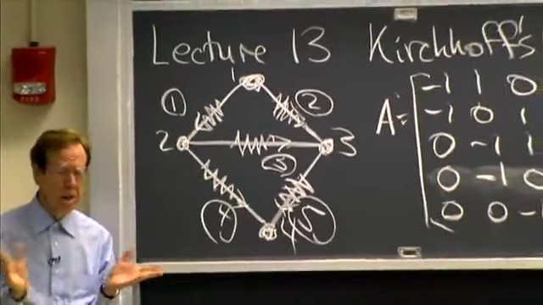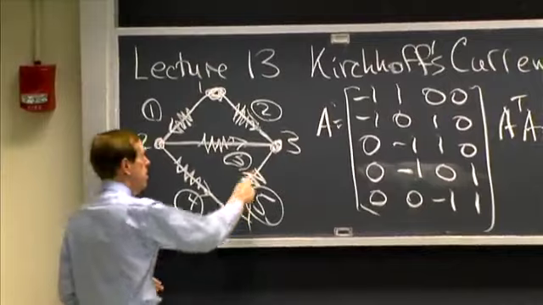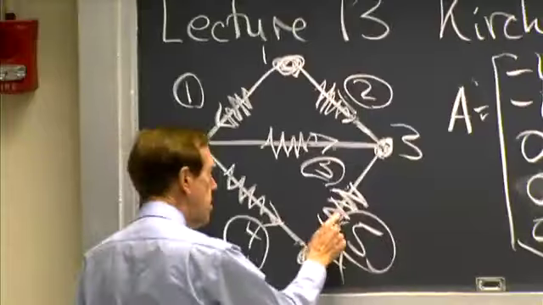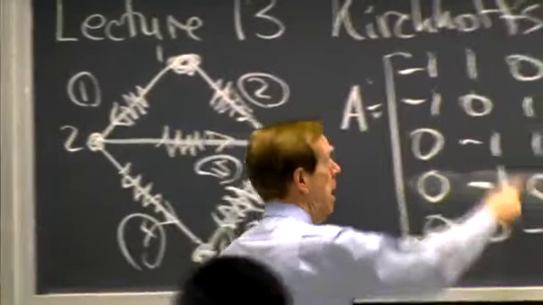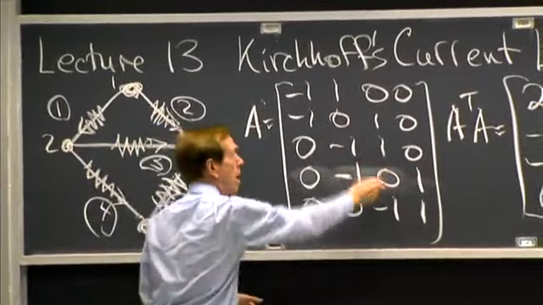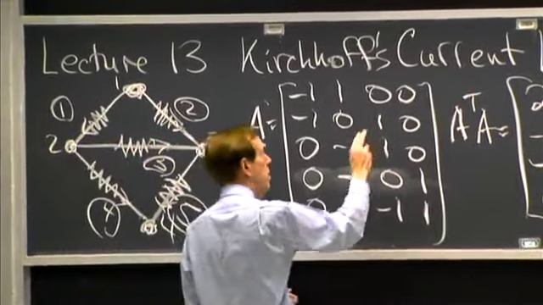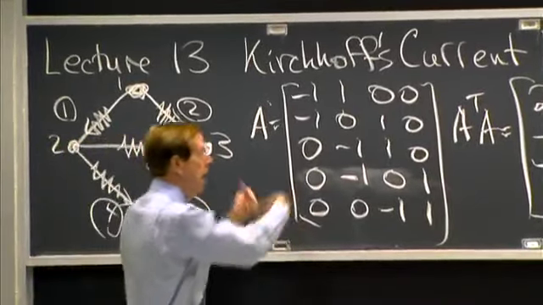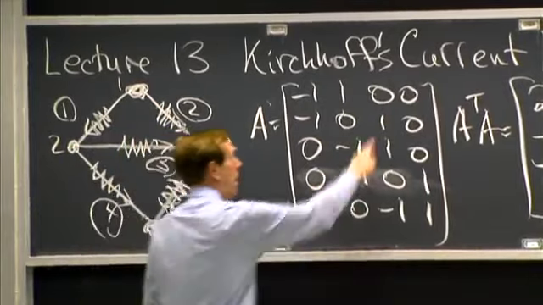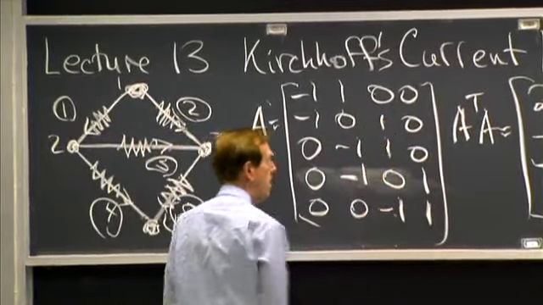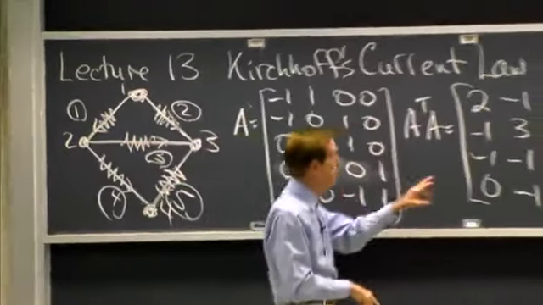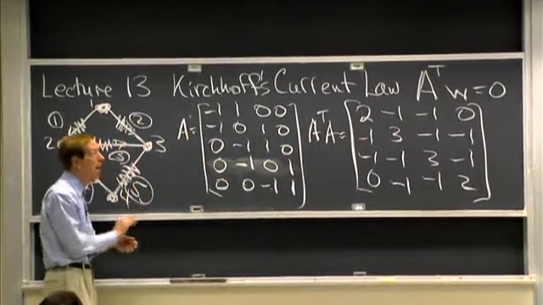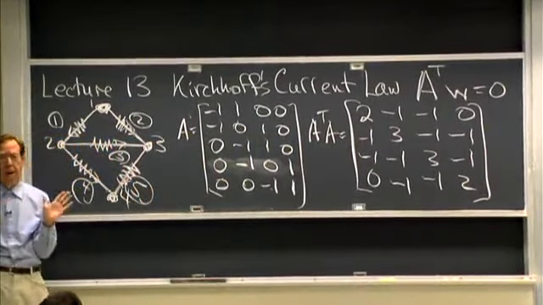Let me say it again: W2 plus W3 minus W5. I'm hoping I'll find that in the third column here, and I do, because I'm thinking to take A transpose, so it'll be the third row, and here I see the W2, W3, and minus W5 that will show up in the third equation there, the in equals out at node 3.